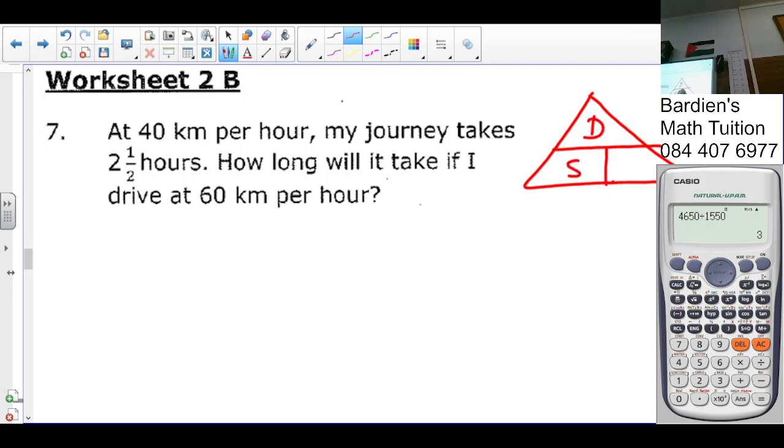We got DST. We got the 40 kilometers per hour, it's the speed. We got the time, so we can calculate the distance. So D is equal to S times T. So the speed is 40 kilometers times 2.5 hours. Work that out.